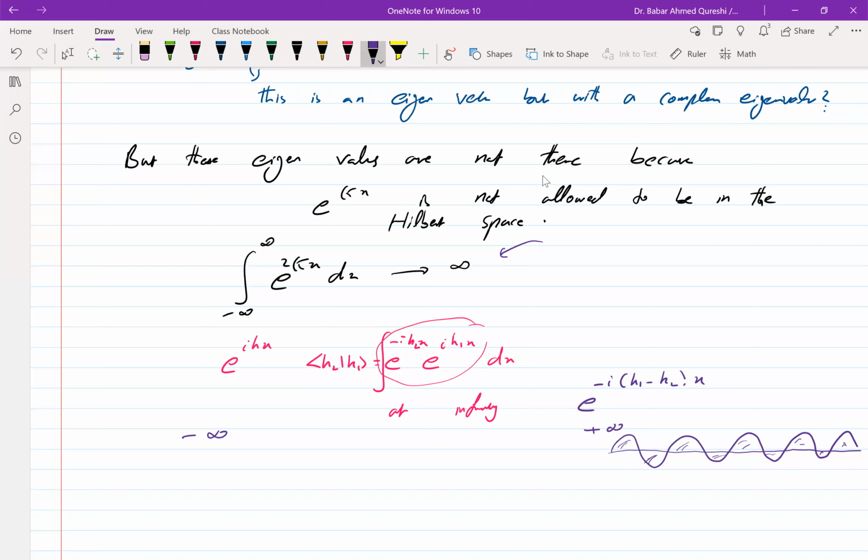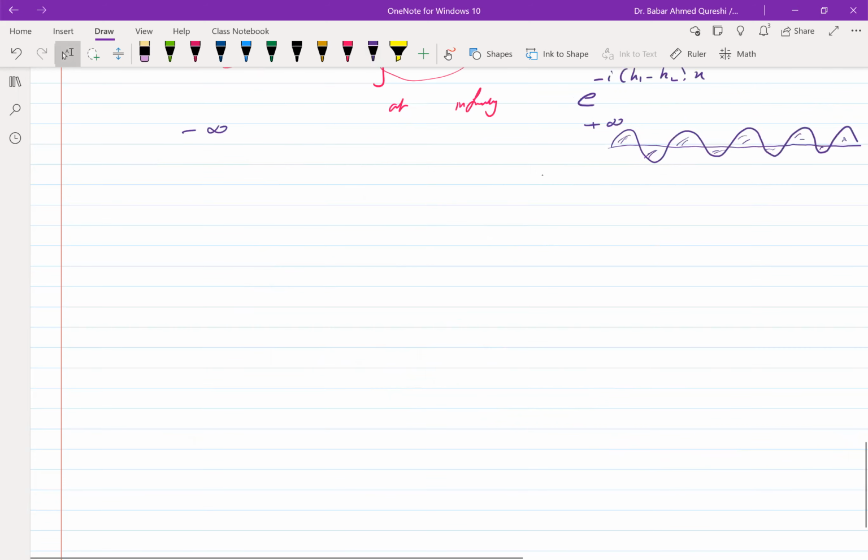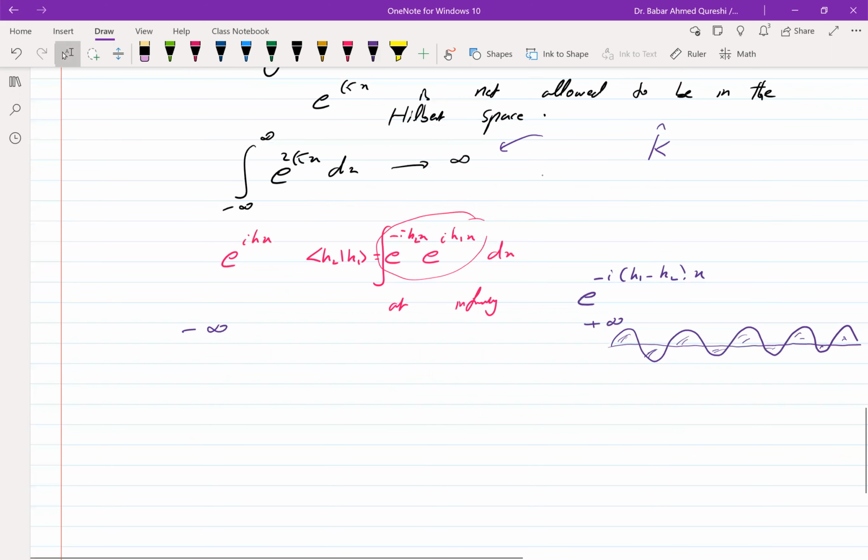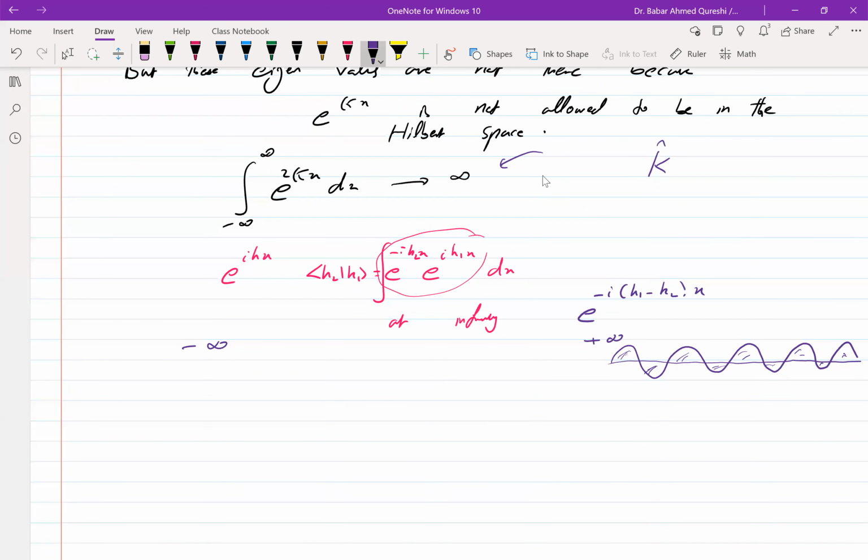But if we throw them away, then we do not have any of the eigenvectors of this K operator, which we can use as a basis for our Hilbert space. So we want to somehow retain them. The same issue, so what we do is we just say that, okay, they have some limit.